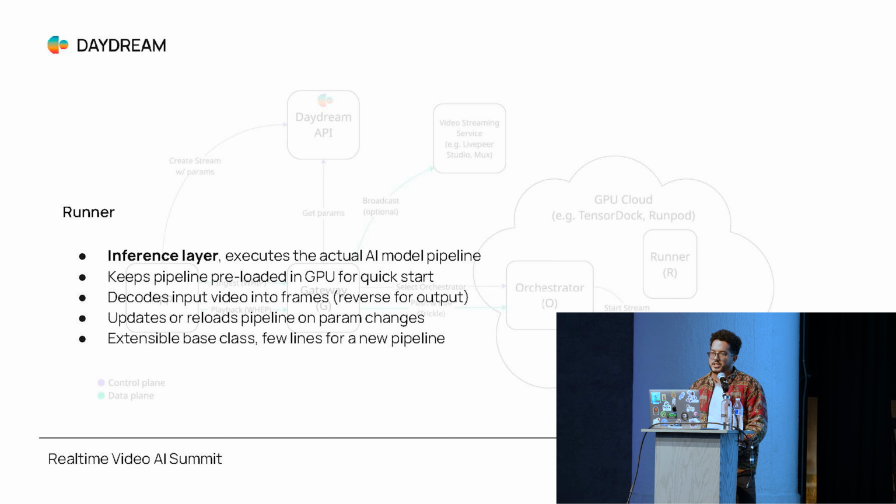This runner also makes sure to keep the pipeline loaded in memory, warmed up, as I mentioned. So when a new stream starts, it's already there and can already do inference instead of loading the pipeline from nothing. It also has an extensible base class, so it's really easy to create new pipelines.